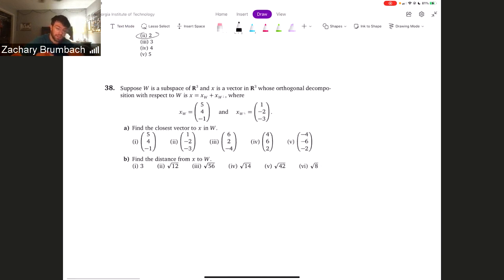W is a subspace of R3, and X is a vector in R3, whose orthogonal decomposition with respect to W is as follows. Okay, what this means, hey, we have a plane somewhere. Here's our plane, all right, and we have a coordinate system.